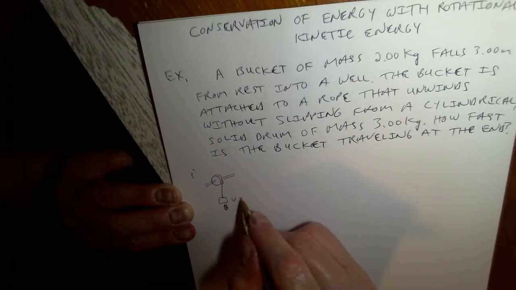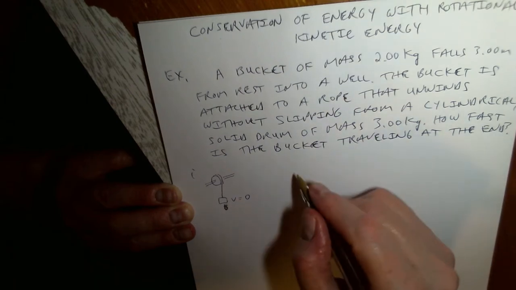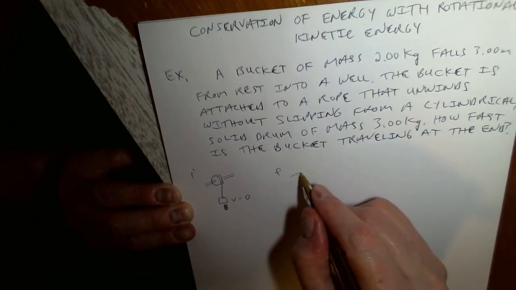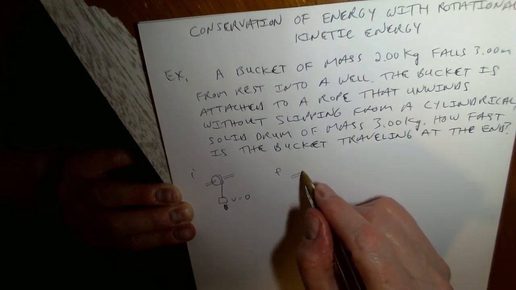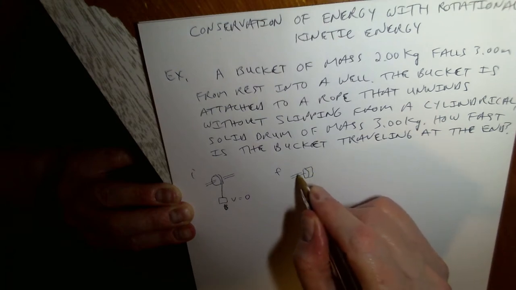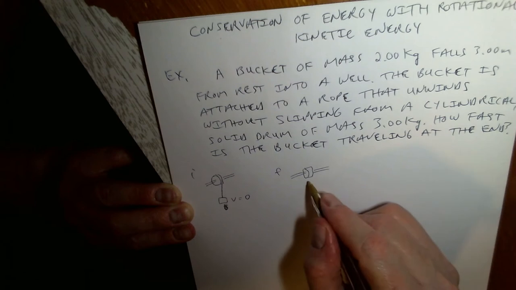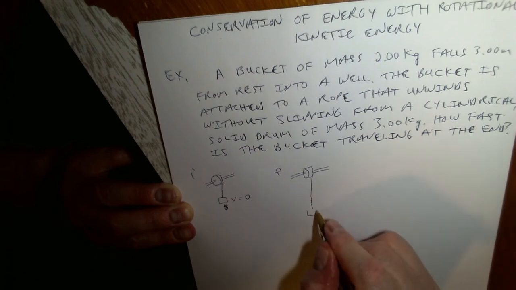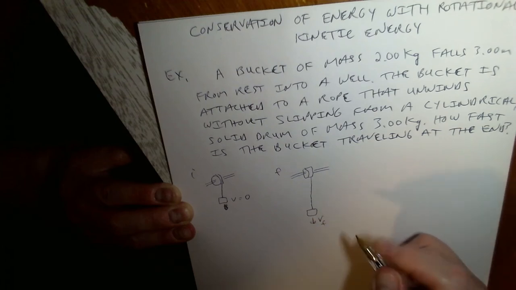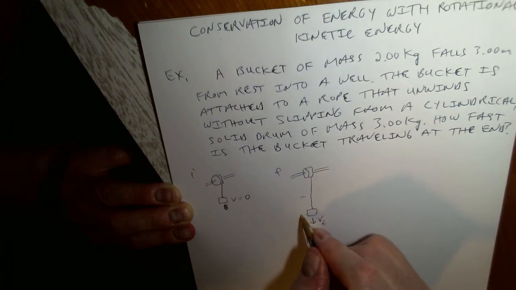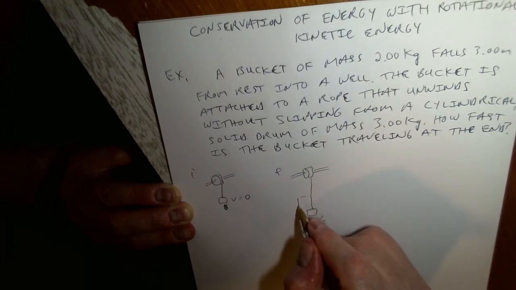So v is 0 initially. And then the final situation is the bucket has fallen 3 meters and is traveling with some velocity v final, and the center of it has gone down 3 meters.